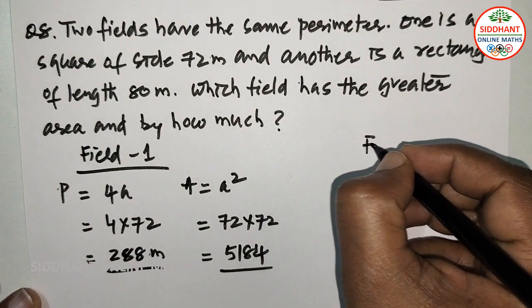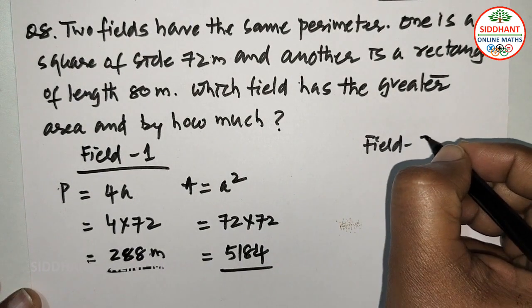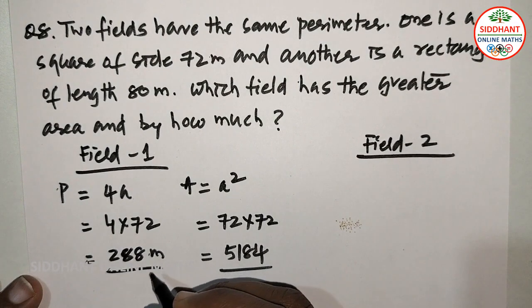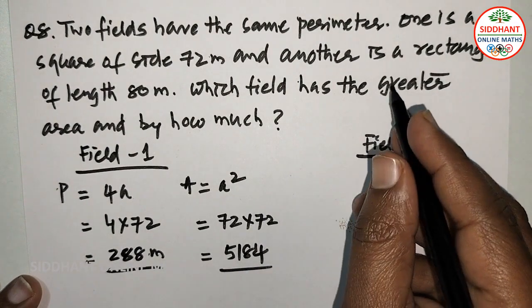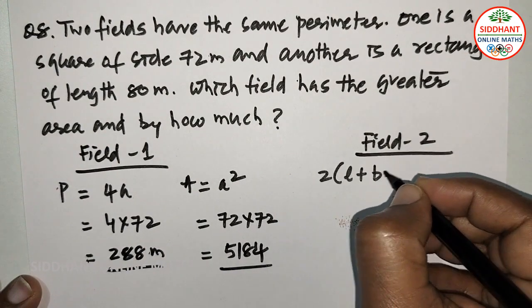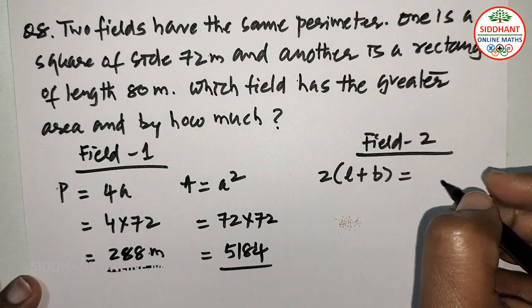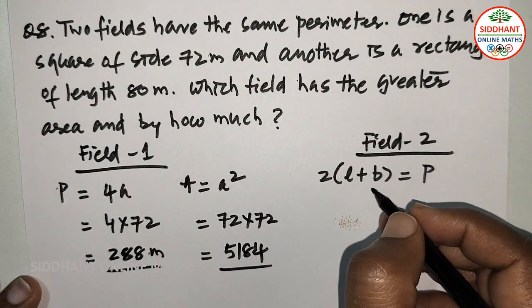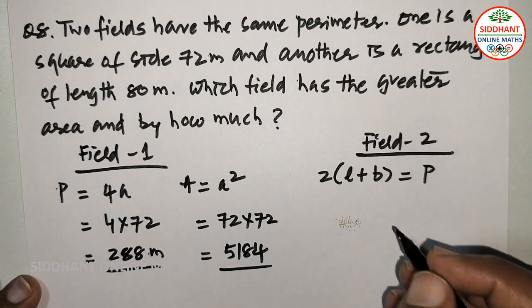Now field 2, when you are going to see, the perimeter is same. So here it is a rectangle, that means 2 into (L plus B) is the perimeter, and perimeter formula 2 into (L plus B) is equal to perimeter.